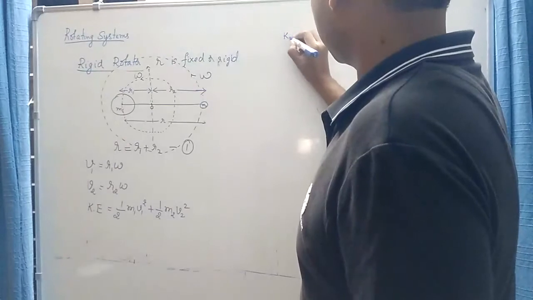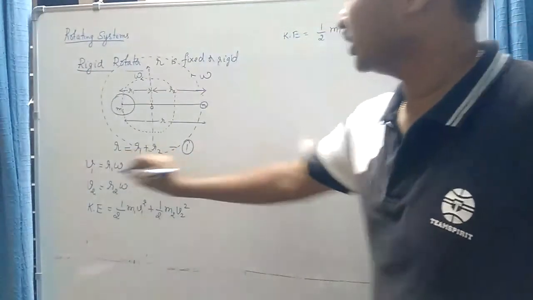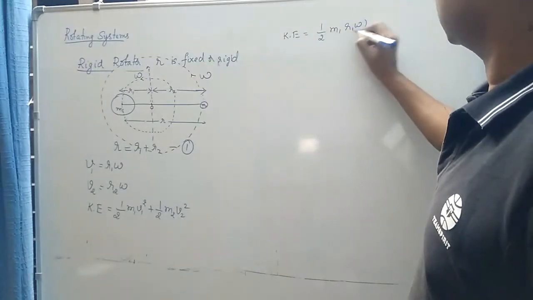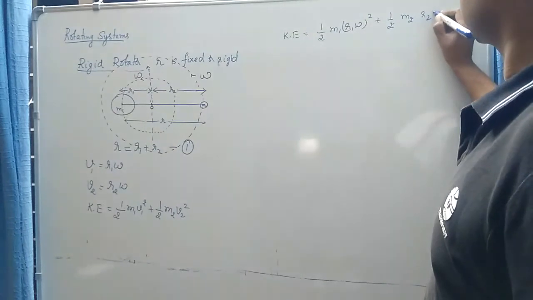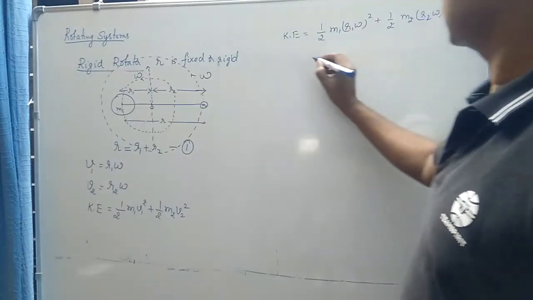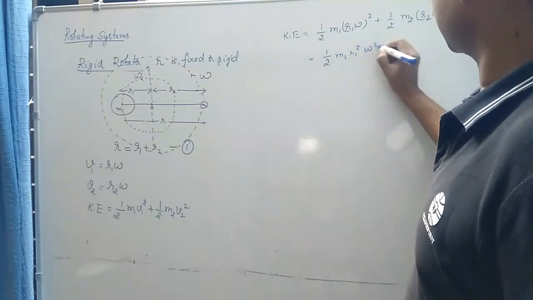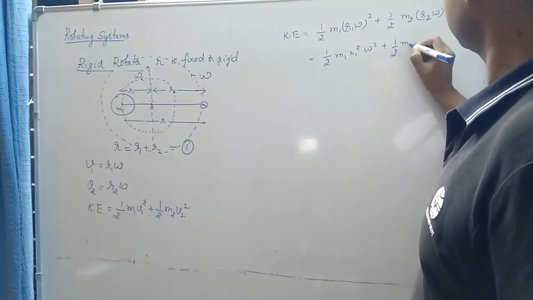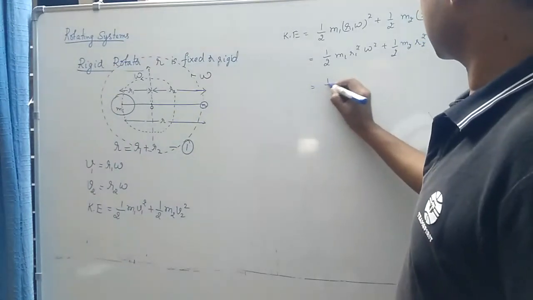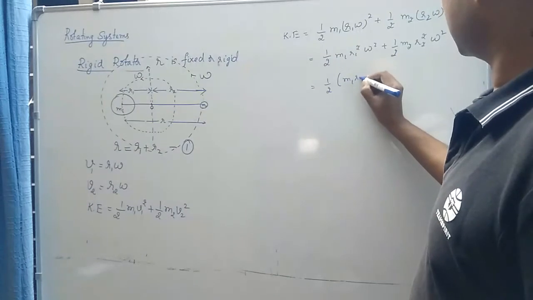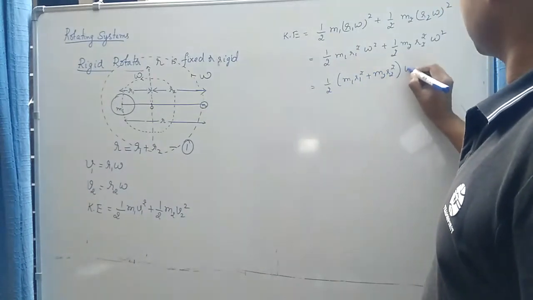That is, the kinetic energy is equal to half m1 (r1 omega) square plus half m2 (r2 omega) square, which is half m1 r1 square omega square plus half m2 r2 square omega square, which is half (m1 r1 square plus m2 r2 square) into omega square.